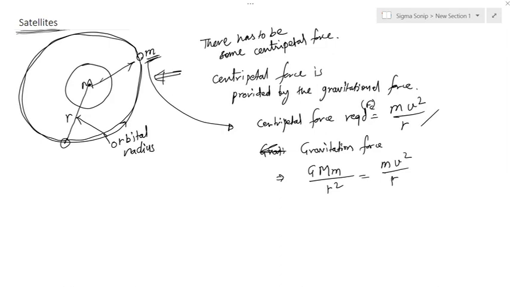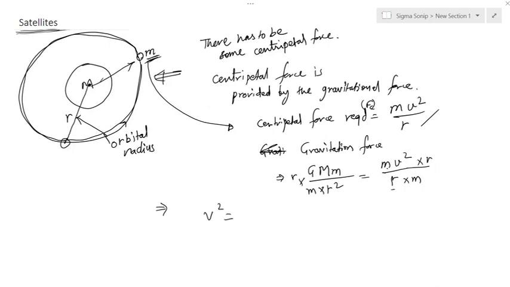Now I can simplify this equation to find the value of v. So I want v all by itself on one side, which means that I need to get rid of this r from here and get rid of this m from here. To get rid of this m, I put an m in the denominator, but I do that on both sides. To get rid of this r, I put an r in the numerator, but I do that on both sides.